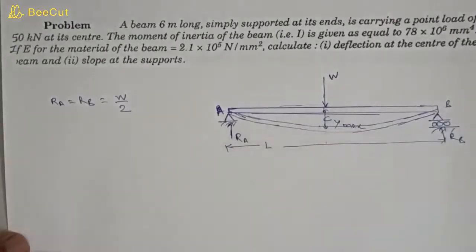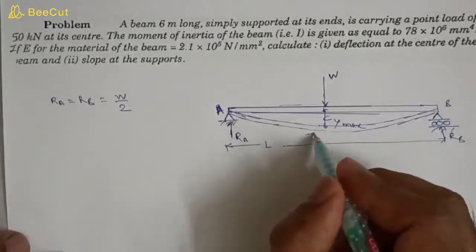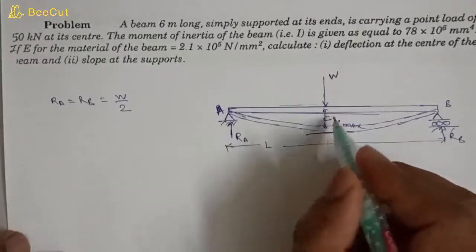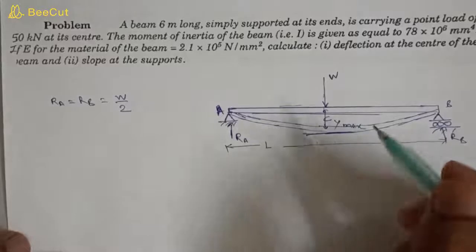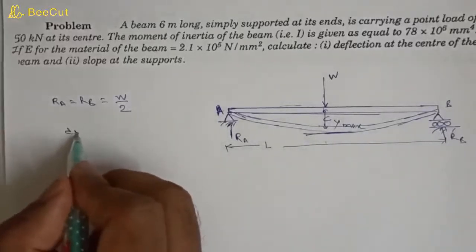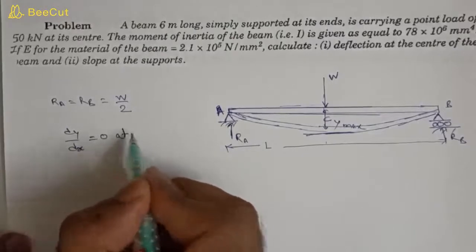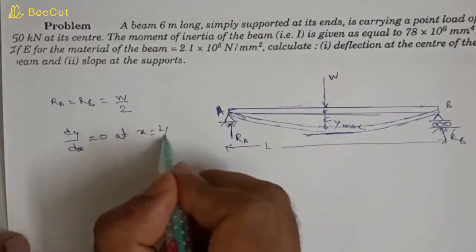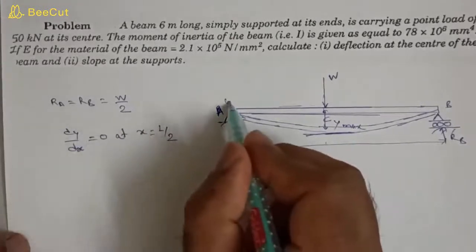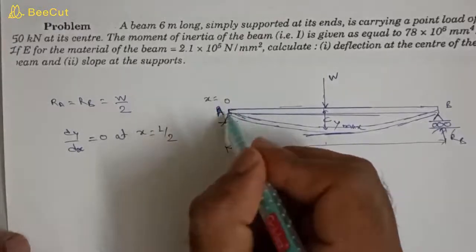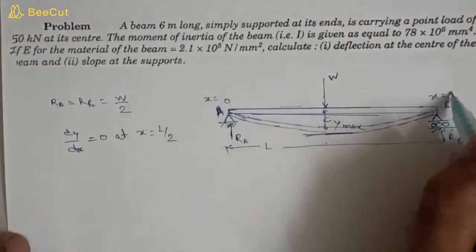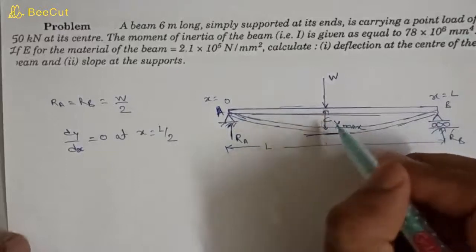So maximum deflection will be at the midpoint, and if we draw a tangent here, it is parallel to the beam, so the slope here is 0. So one of the boundary conditions is that dy by dx is equal to 0 at x is equal to L by 2. Suppose this is 0, x is equal to 0 here, it is the origin, and x is equal to L here, so it is L by 2 at the midpoint.